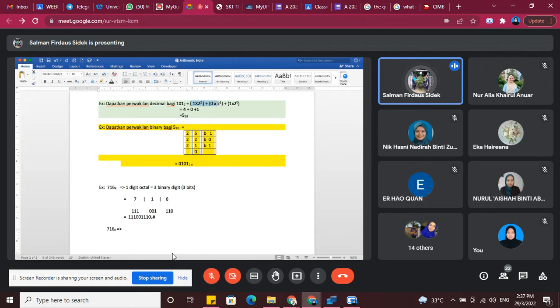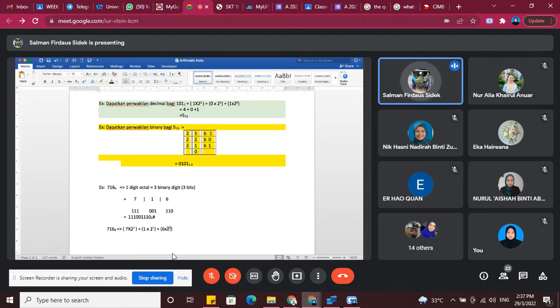So same goes to octal to decimal. So I just copy this one, I put it here, and then I just replace this one with 7, this one with 1, and this one with 6. Sama je. So I replace the digits and the base.